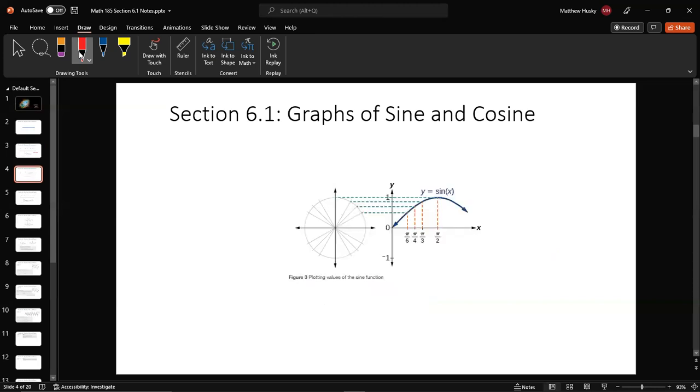So this is just showing you the connection with the unit circle and the values as you plot the sine curve, the sine wave. It's also sometimes called a wave function because it kind of bobs up and down the way waves do. And so here's the pi over 6 value, which is about that high. And as you get higher, you've got the pi over 4 value, the pi over 3.